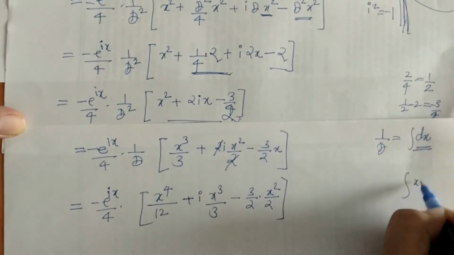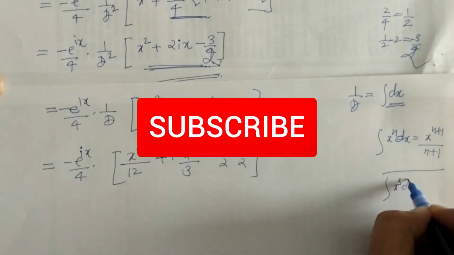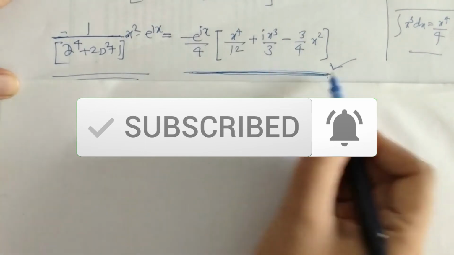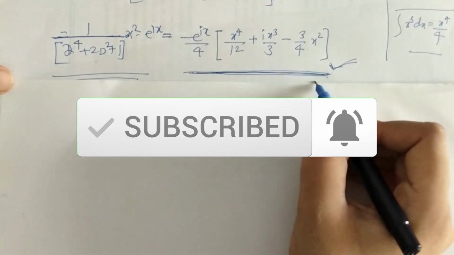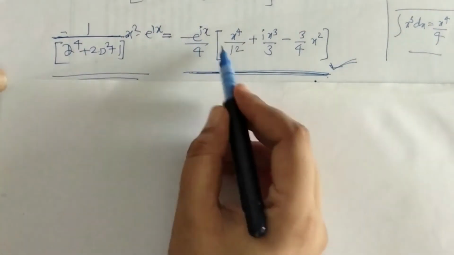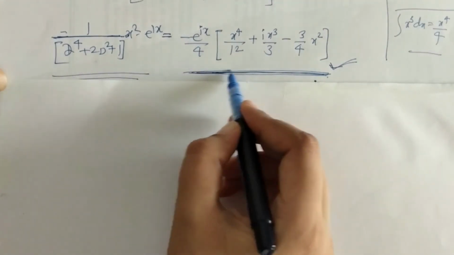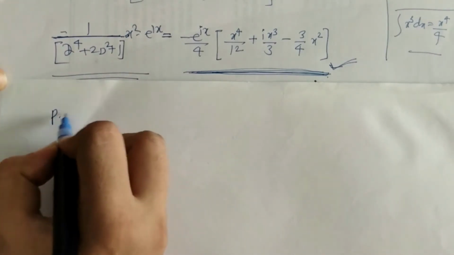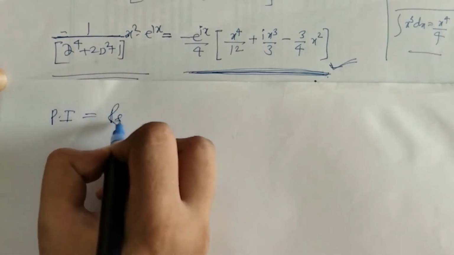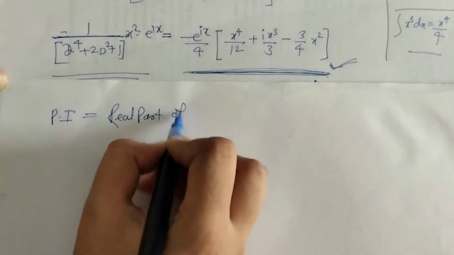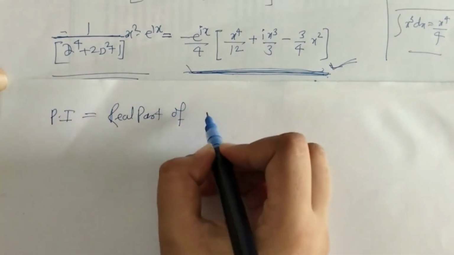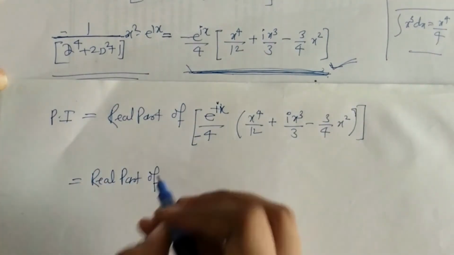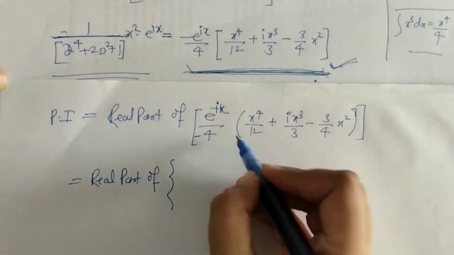Yes, so here we have found the value of this expression, right? Now we have to find the real part of this expression so that we will get the required pi. So we will write pi is equal to the real part of this expression.